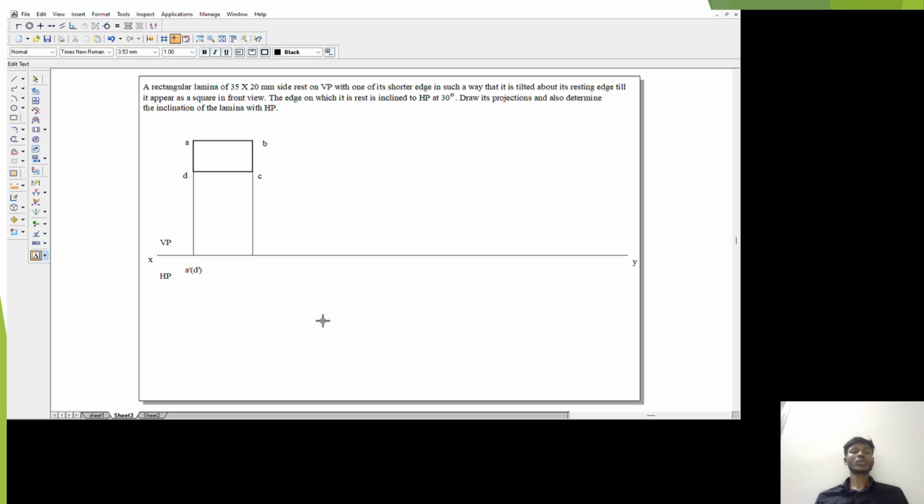Then go to the rotate option, fix the point on A dash and D dash and another point on B dash and C dash. Then rotate A dash, D dash and B dash, C dash to the line, and then go to angle between and measure the angle between A dash, B dash and the line.